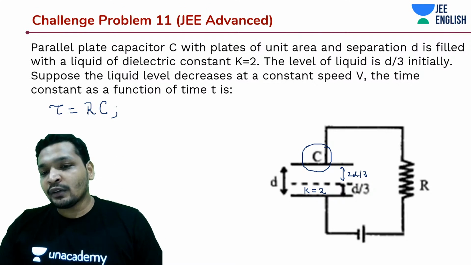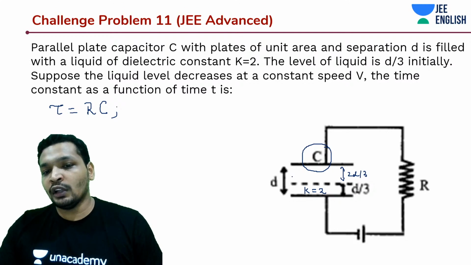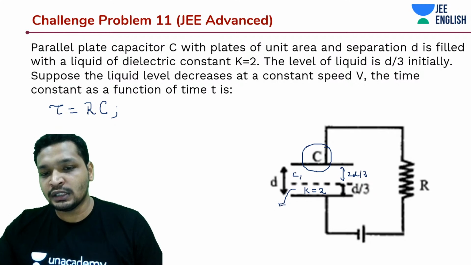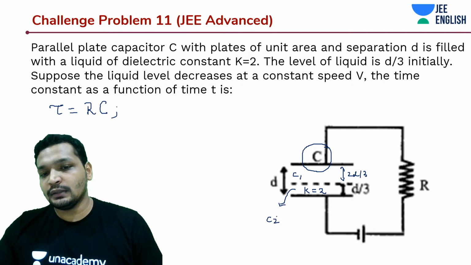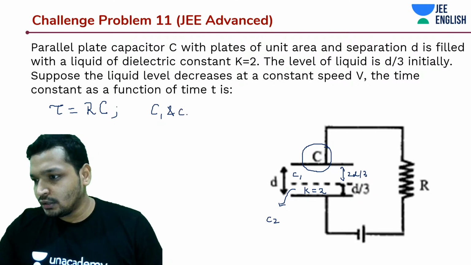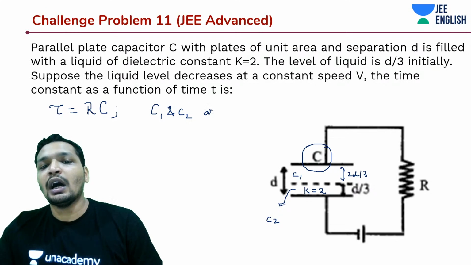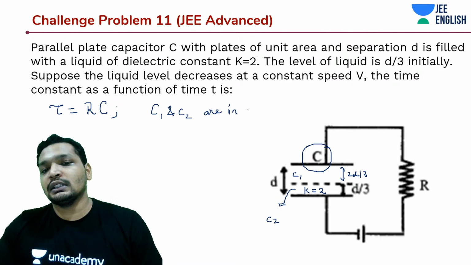So what is happening over here is these two capacitors are in series. If I call this C1 and this C2, C1 and C2 are in series, right?